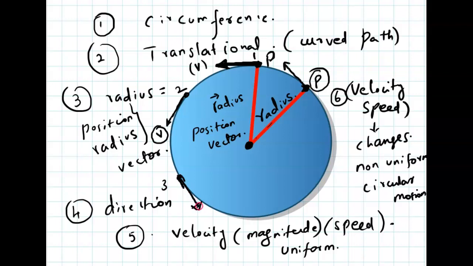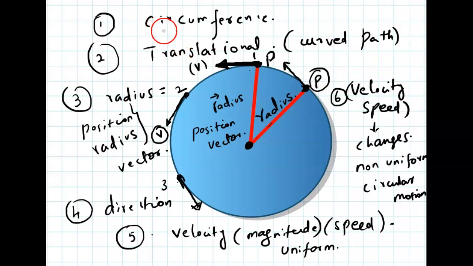So you can see the direction changes at 1, 2, 3. The position changes but the magnitude doesn't change because it is uniform circular motion. But the direction changes continuously, and since the direction changes, it is said to be acceleration.